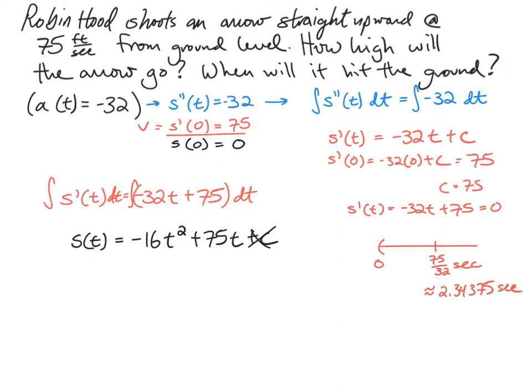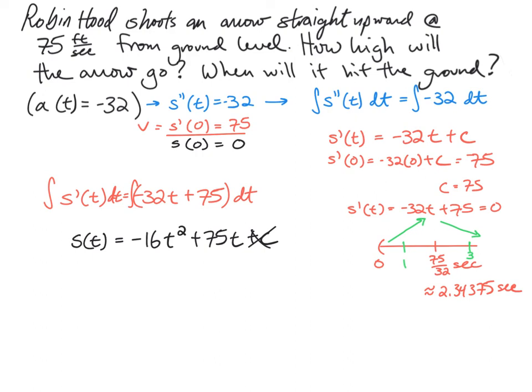But if you select a value between 0 and 2.5, say 1, and you select a value after that, say 3, and you put this in the velocity function that we have right here, you'll start noticing that the velocity is positive here, and it's negative here.